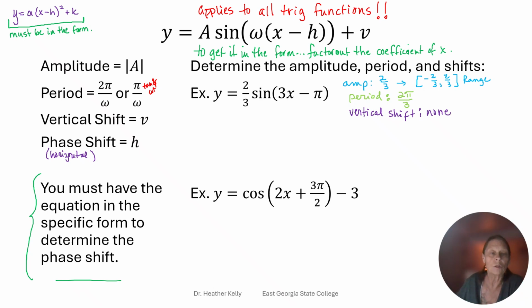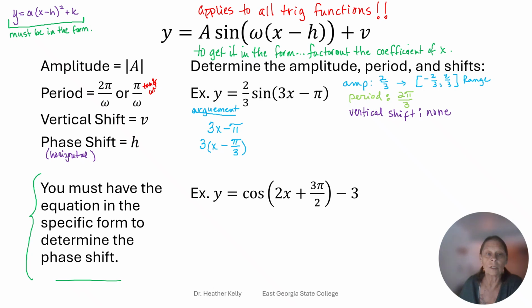The way we're going to do our phase shift is we're going to take the argument, just the argument. We only handle the argument, and we're going to factor this 3 out. If we take a 3 out of an x, we get a 3x. If we factor 3 out of pi, we're left with pi over 3.